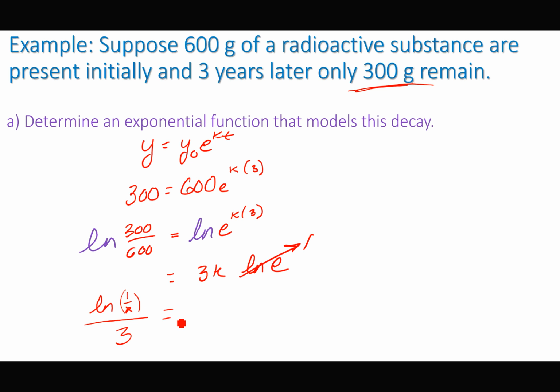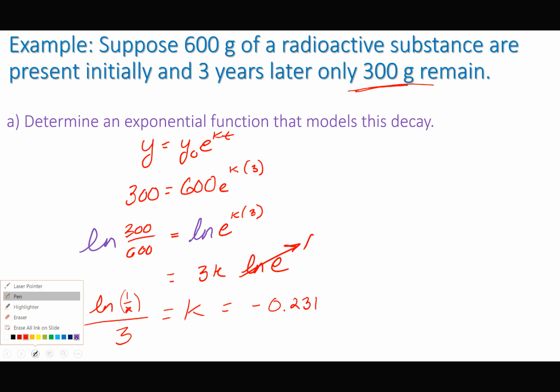Divided by 3 will equal k. We'll work this out, ends up being negative 0.231, which makes sense. I knew my k had to be a negative value because it's a decay, it's a half-life problem.